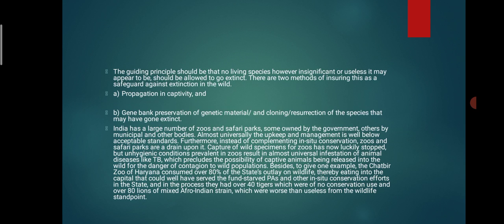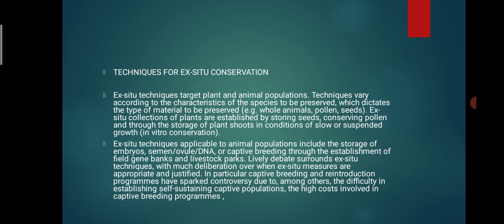The guiding principle is that no species, however insignificant or useless, should be neglected. The options may be propagation, captivity, gene bank preservation, genetic material cloning, or resurrection of species that may have gone extinct.